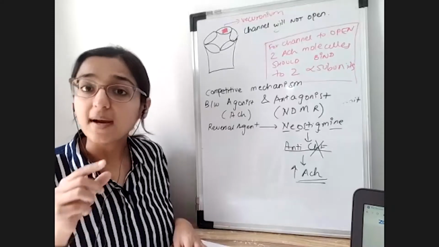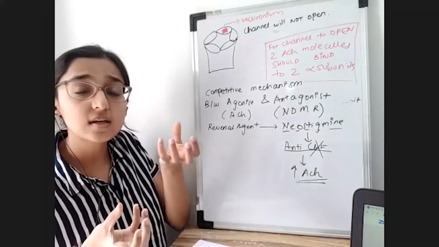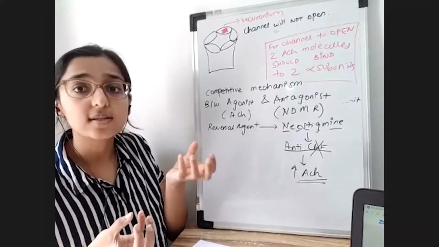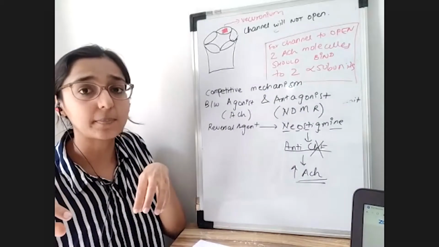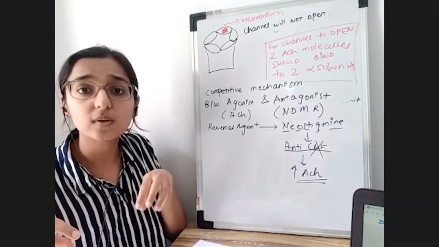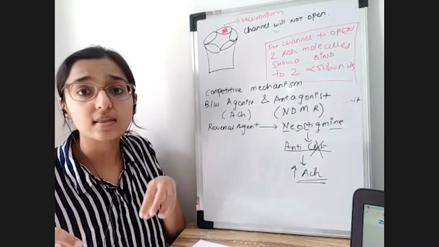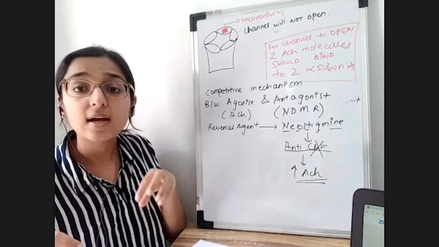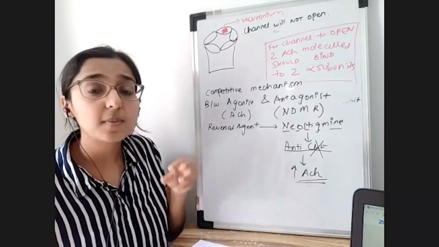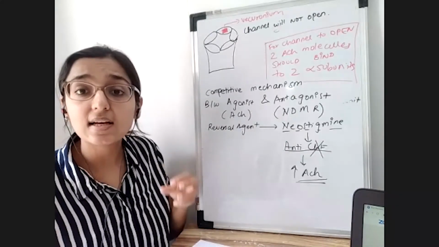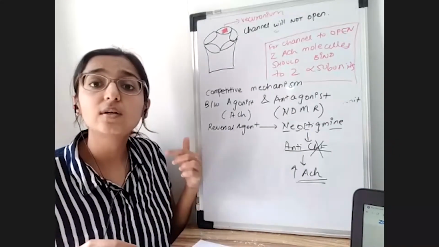We have to keep in mind that acetylcholine, although it may have temporarily surpassed the concentration of the antagonist, competitively overcome the antagonist and displaced it from the receptor, has a very short lifespan in the neuromuscular junction. It will immediately detach from the receptor and get immediately metabolized by acetylcholinesterase within less than 1 millisecond. So after some time, you will note that the patient is going back into paralysis.